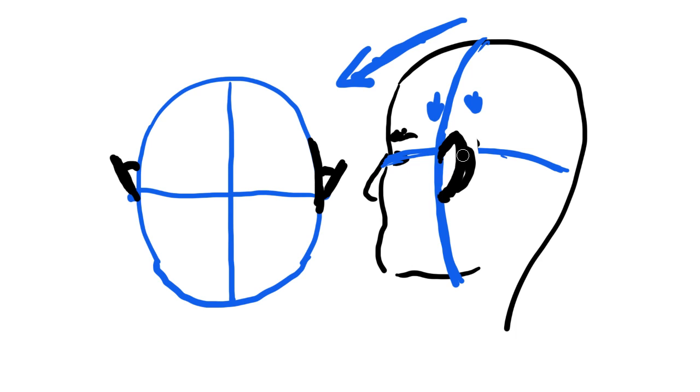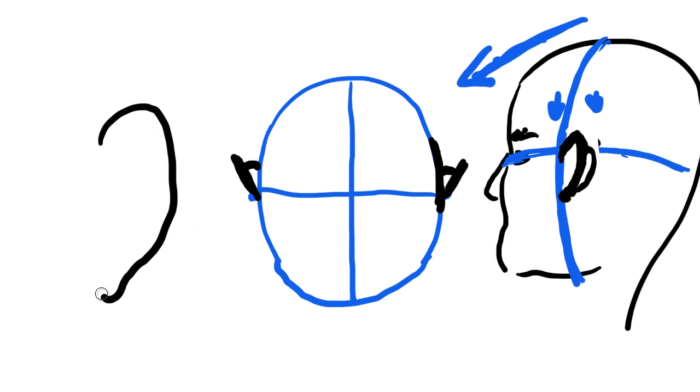And when we're seeing it from the back, we can actually see that back there. So basically, make sure to add in that part that's usually tucked away and hidden from the ear. That little cone shape back there.